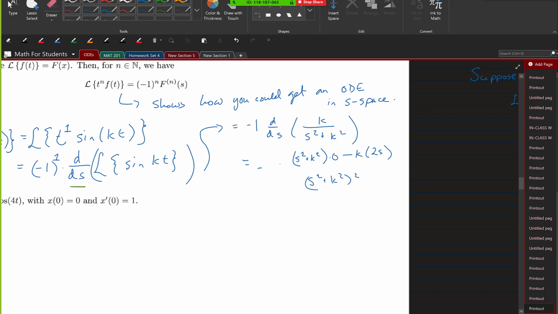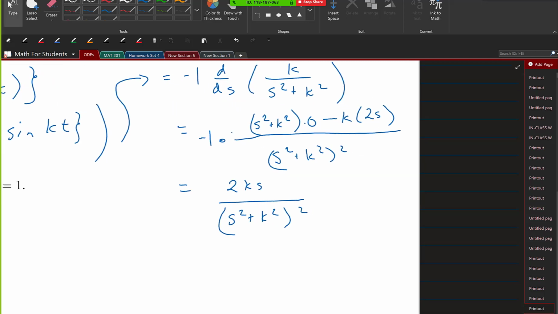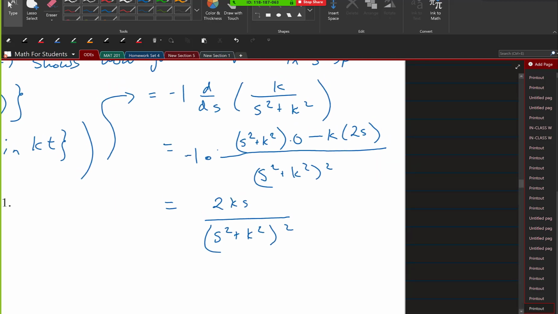So if we clean this up, we end up with a positive 2ks all over s squared plus k squared squared. So right here I did the quotient rule. Any questions on that, folks?